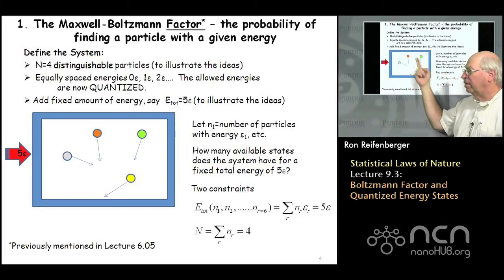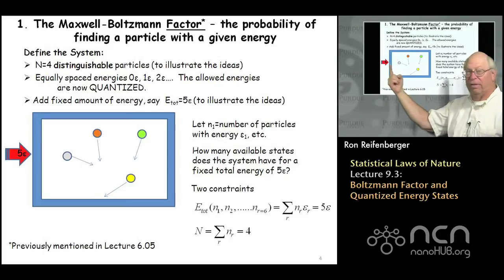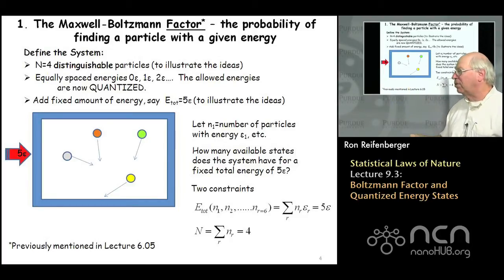In principle, n is going to range between 0 and 4 because it's possible that there are no particles with a particular energy, or there could be as many as 4 particles in one energy state. Given that the total energy is 5 epsilon that's not going to happen here, but in principle it could. So we have 2 fundamental constraints that can be written down.